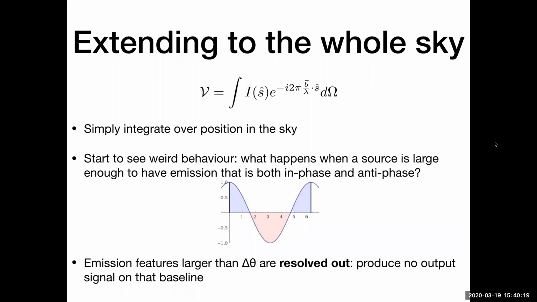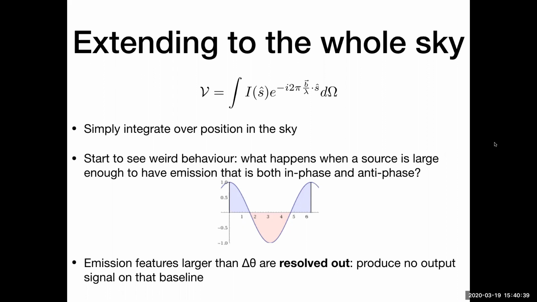Okay, so we've defined the visibility then for one source of emission in the sky. And in principle, we can just extend that to having emission all over the sky, having multiple sources of emission.